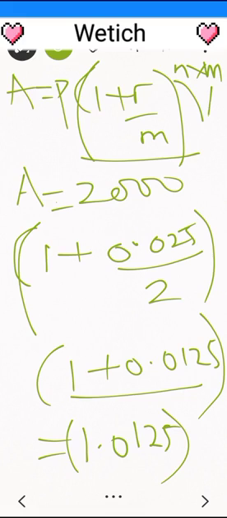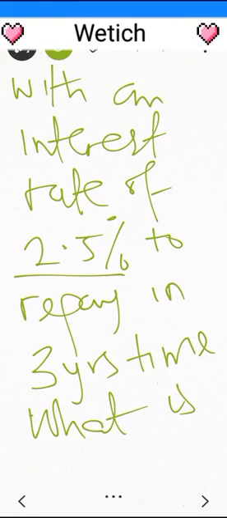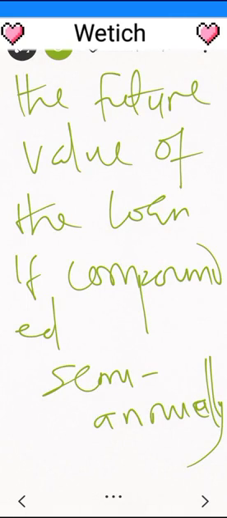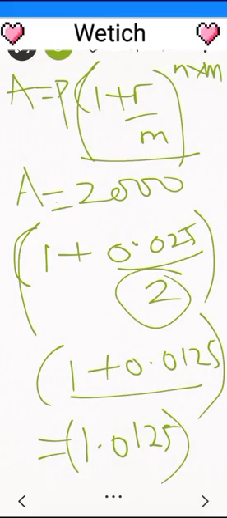Now what is in the power? N and M. N is the number of years, M is the periodic compound. According to our question, the number of years is 3 years, and it's compounded semi-annually. I remember telling you semi-annually means 2 times.